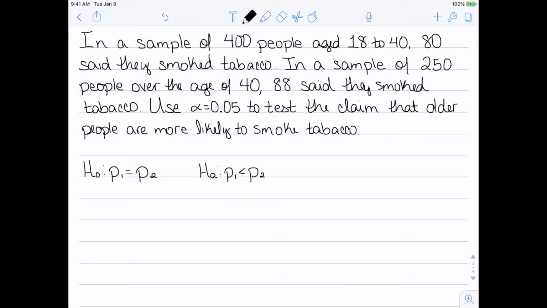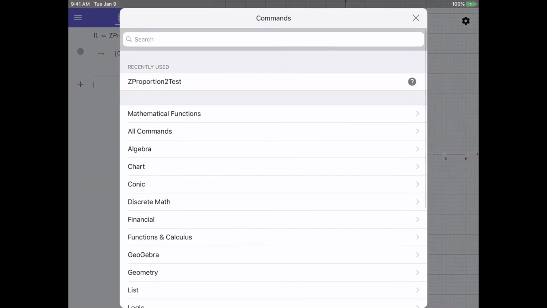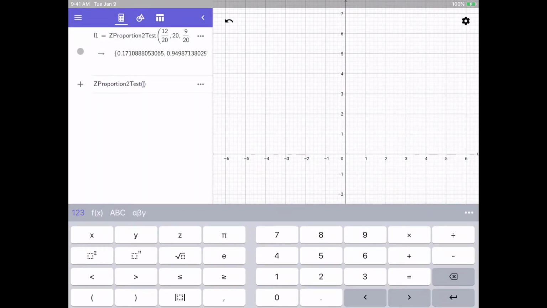We now need to use the z proportion 2 test. For the first group, we had 80 out of 400. For my second group, I had 88 out of 250. And my tail is a less than. I can now go over to my graphing calculator. We hit the 3 dots and select the z proportion 2 test.